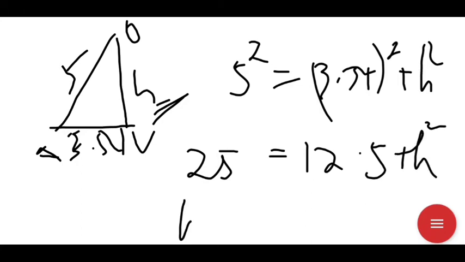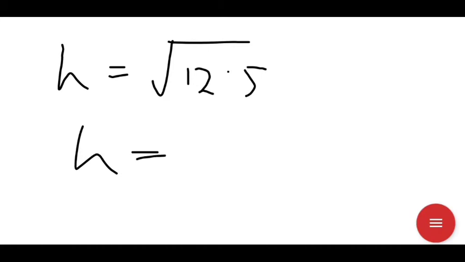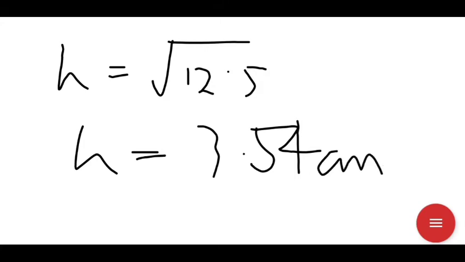So when I do that, h squared will be 12.5. So h is equal to root of 12.5. H is equal to 3.54. So the height of the pyramid is 3.54 centimeters.